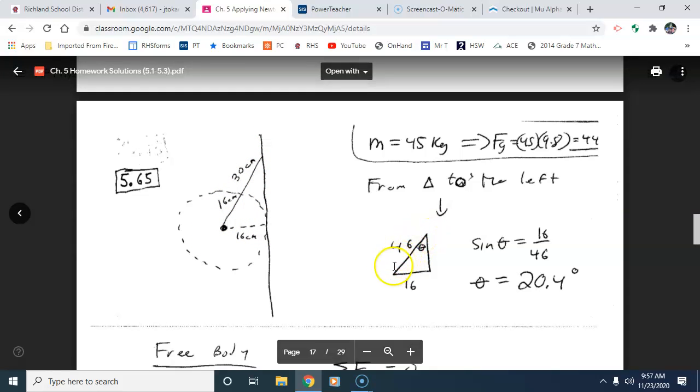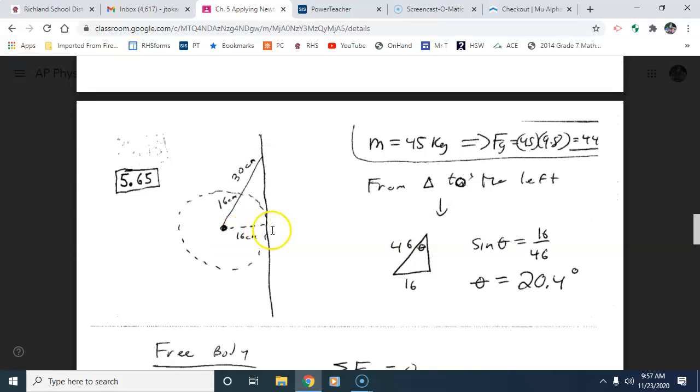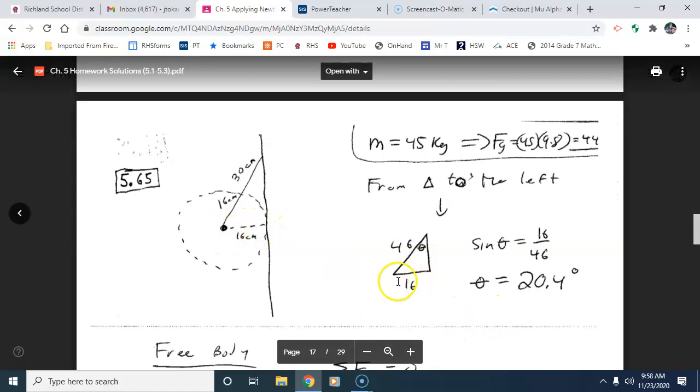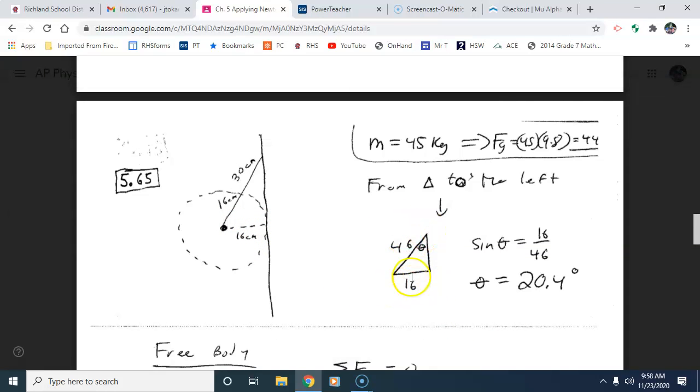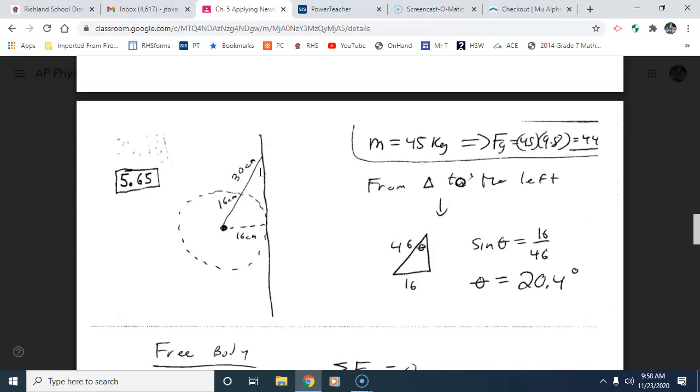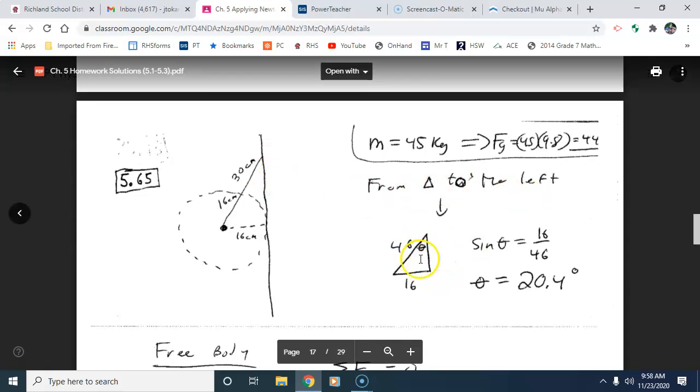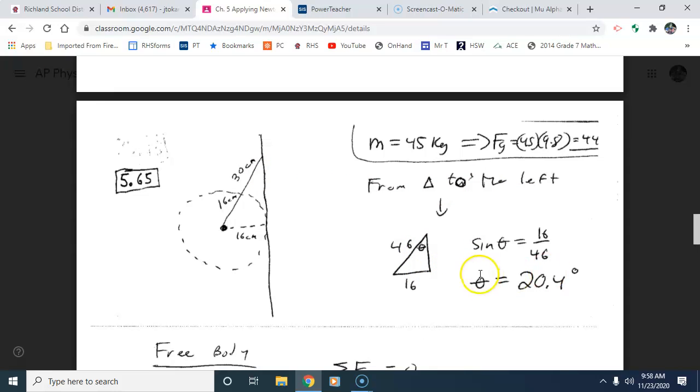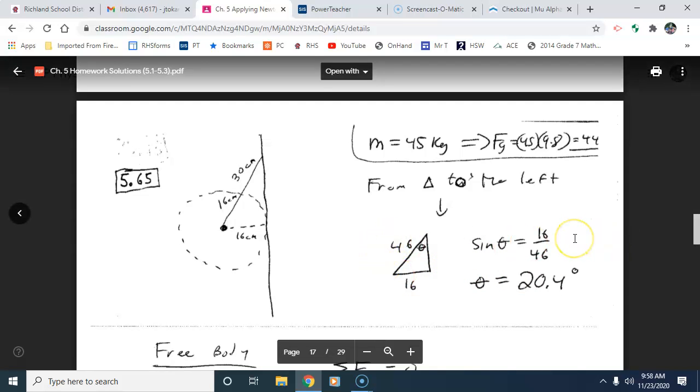So I pulled out a smaller triangle over here that represents this. And from here to here, that would touch perpendicular to the wall, would also be the radius. So that's another 16. So I have a triangle that connects at the angle the rope is up there that we'll need for the tension that we split up. We could use SOHCAHTOA, sine of that angle, if that's the reference angle, is opposite over hypotenuse, 16 over 46, so we get a little bit over 20 degrees, 20.4 degrees.